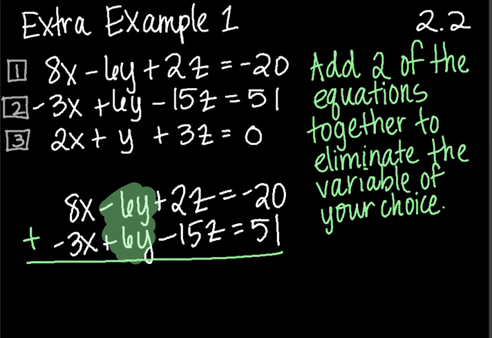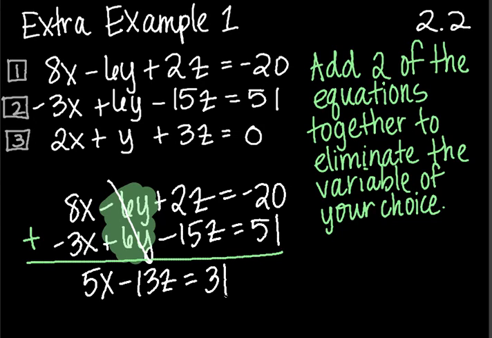So 8x minus 3x, or 8x plus negative 3x is 5x. The y's cancel out. And 2z minus 15z, negative 13z equals 31.